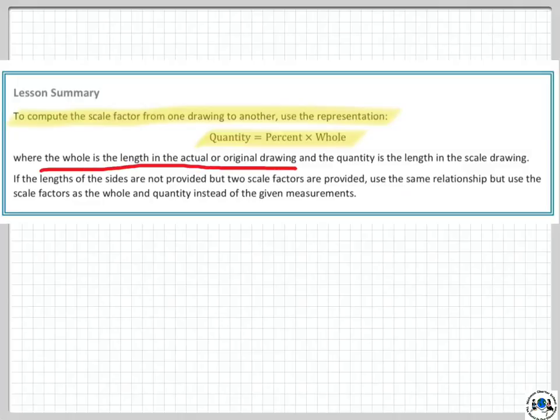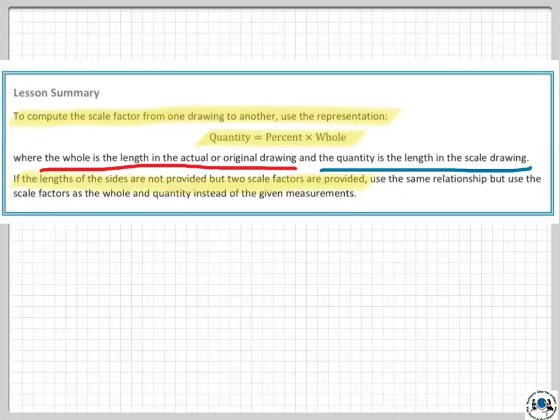The whole is the length in the actual or original drawing, and that goes as our denominator, because it represents that original drawing. And the quantity is the length in the scale drawing, the actual scaled number, or the one we come up with at the end.